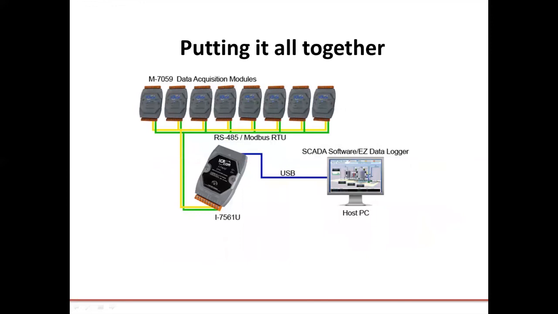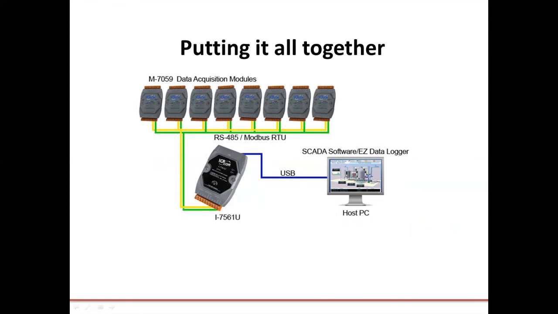Putting it all together, this is just a simple Modbus data acquisition system. All the M7059 modules at the top have sensors connected to them, or would have sensors connected to them. They're daisy chained along RS-485, communicating Modbus RTU. Then the I7561U converts the communication, which is Modbus RTU, through a single USB connection to a host PC.